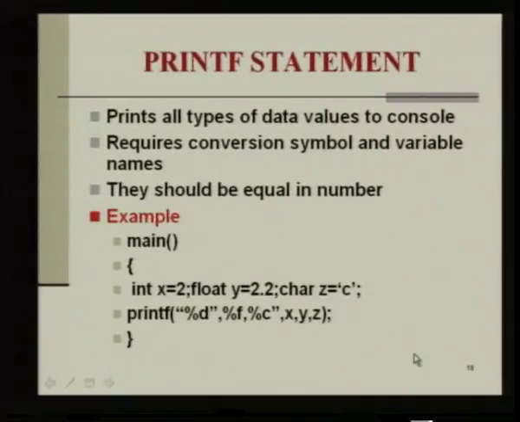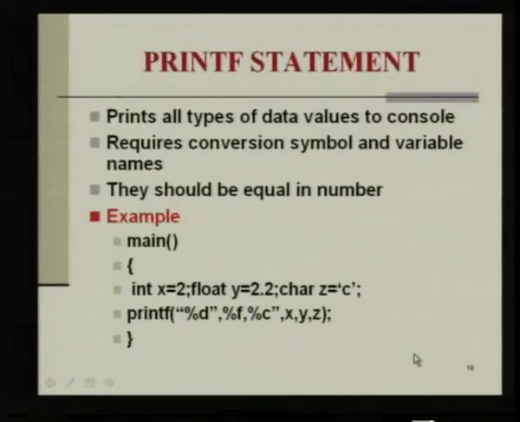This is the syntax or the rule to be followed while using printf statements. These are the details of the printf statement that are to be remembered when we write a program. And finally, you have to close every program with the closing brace. The number of opening braces and closing braces must be balanced. We have one opening brace, so we need to have a closing brace as well.